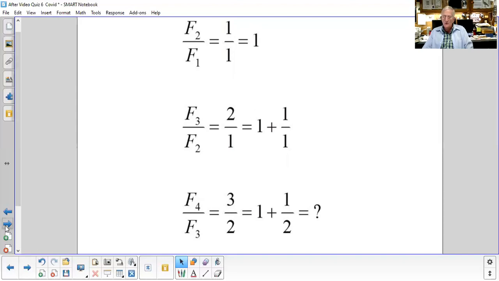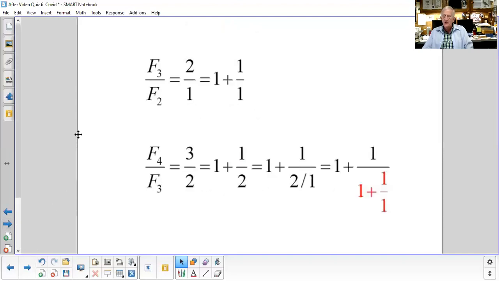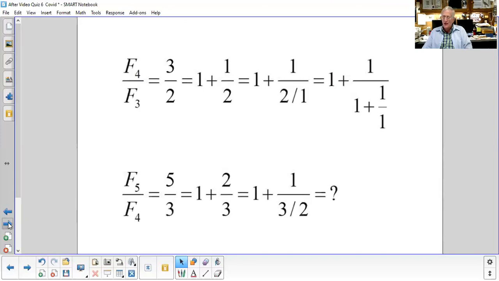So that's what you're going to see next: 1 plus 1 half is equal to the same thing as 1 over 2 over 1, and 2 over 1, as I said, is this. So that's how we get that expression. That's f4 divided by f3. All right, now let's go to the next one.